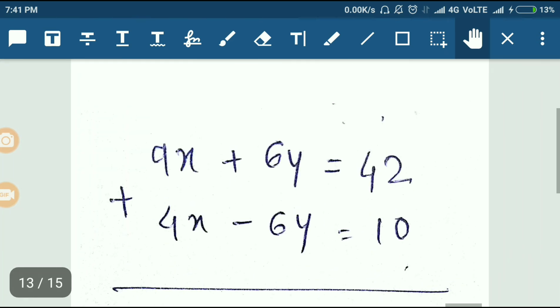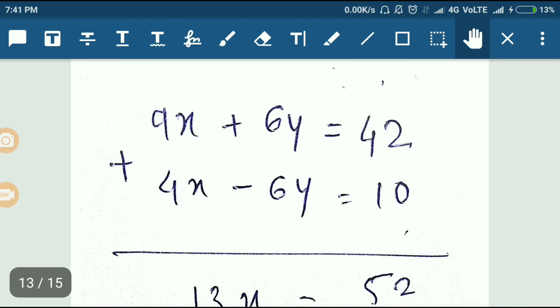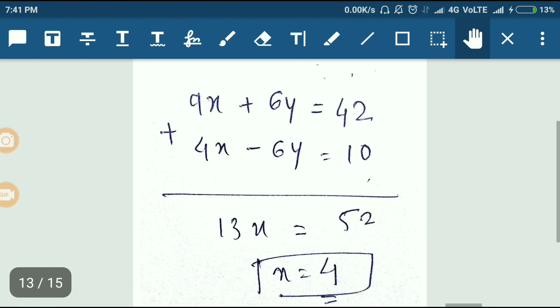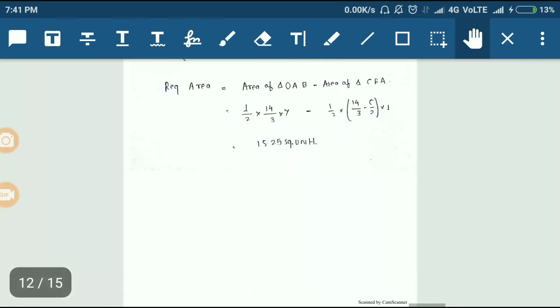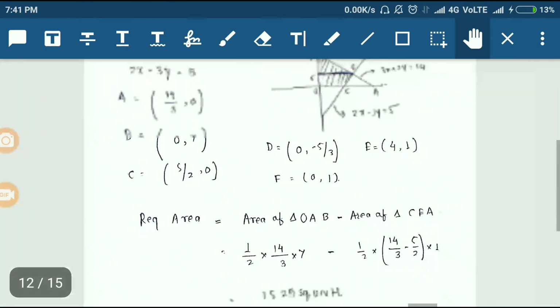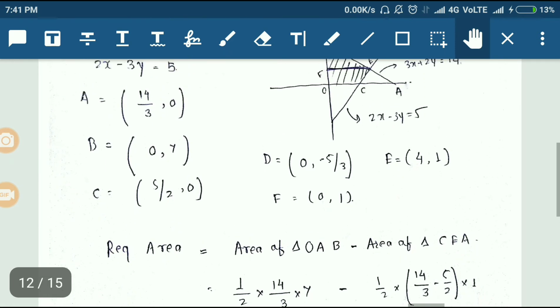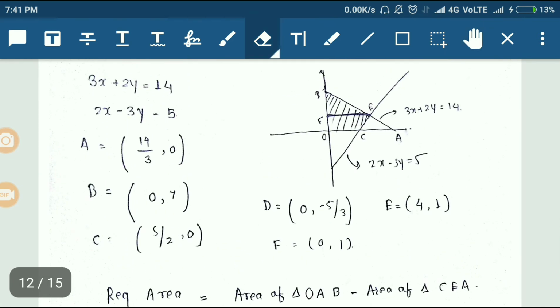I have multiplied the first equation by 3, the second by 2, and so I am able to find the coordinates of E, which is 4 comma 1. We cannot put anything as 0 because E has both coordinates x and y. So simultaneously solving these equations, we get the coordinates of E. Similarly, we get the coordinates of F by solving this.